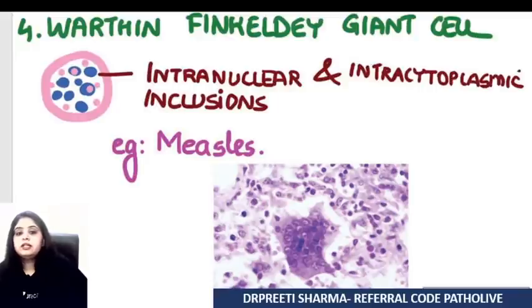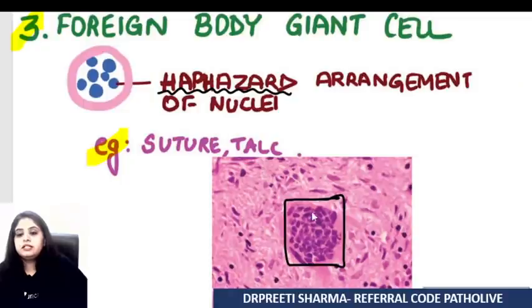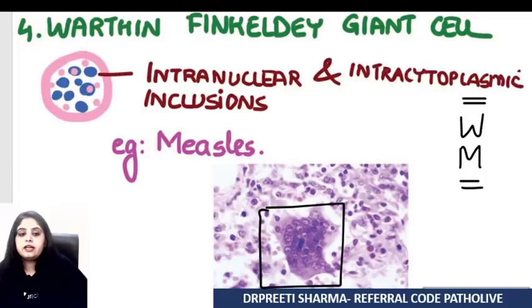Coming to the fourth one, a very famous question: what do you see in measles infection? In measles, you see the Warthin-Finkeldey giant cells. So when I looked at it for the very first time, I thought everything was haphazard here and there, and I thought this was just like a foreign body giant cell. See, that's also all haphazard nuclei. This is also all haphazard nuclei. But when I looked closely, every nucleus has a pink color dot.